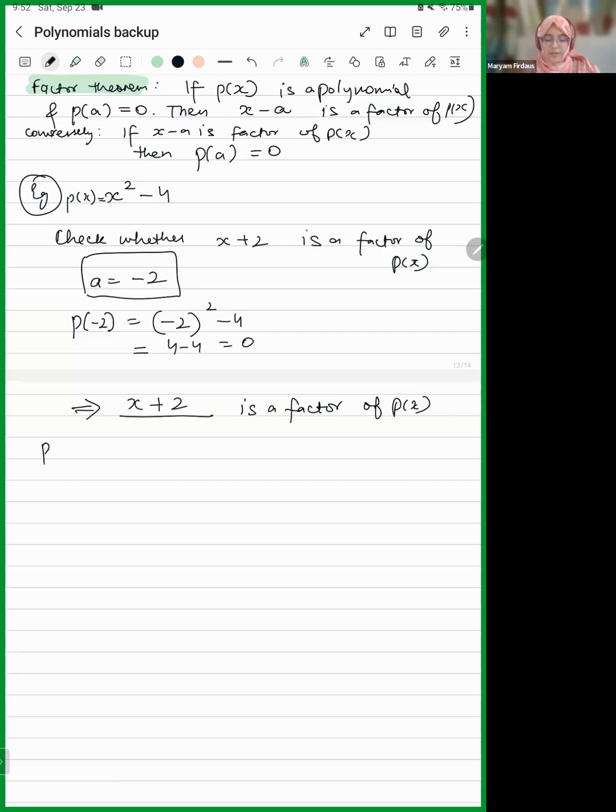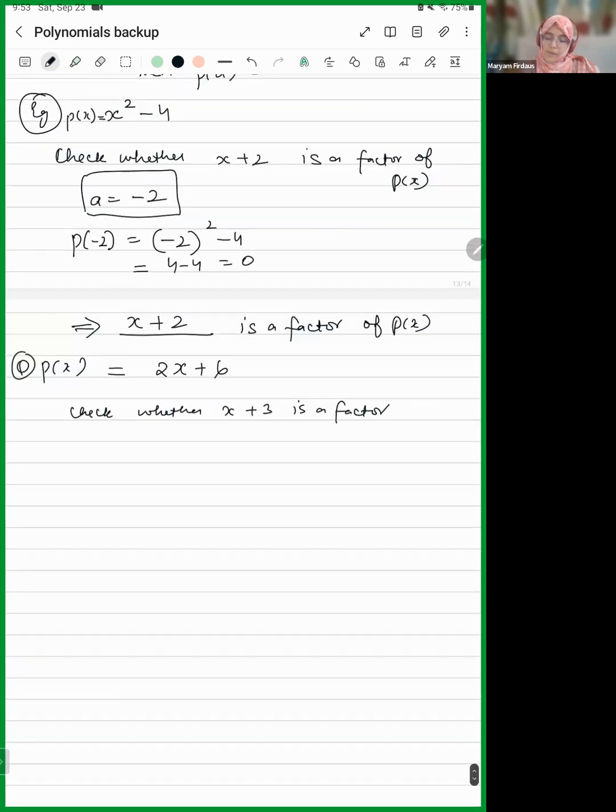Now similarly, if you have another question where your P of x is equal to, let's say, 2x plus 6, and you have to check whether x plus 3 is a factor of this. We can even find the factors with just the equation.